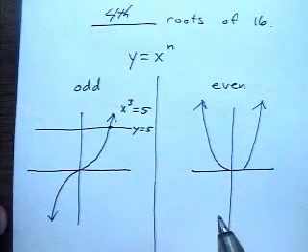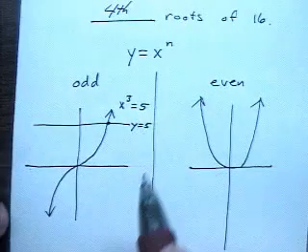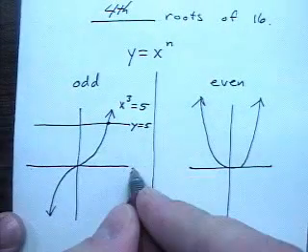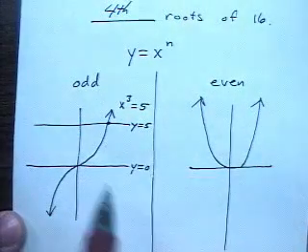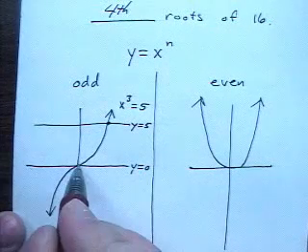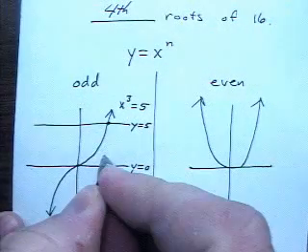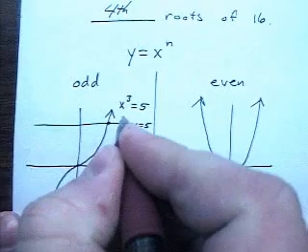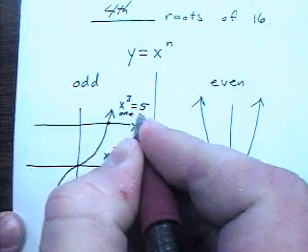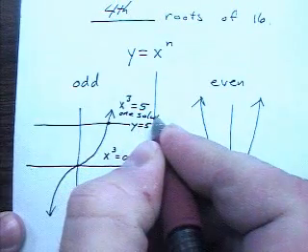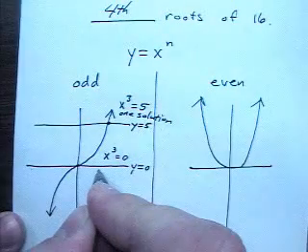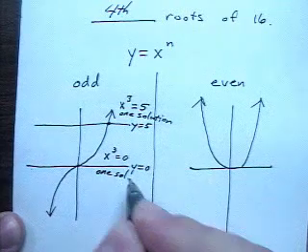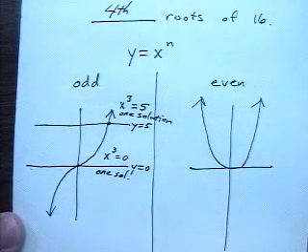Now, I'm not promising that would be a very nice one, but it definitely would only be one solution. Likewise, y equals 0, right through there, crosses at the origin one time. It's as if we're trying to solve something like this. Only one solution.